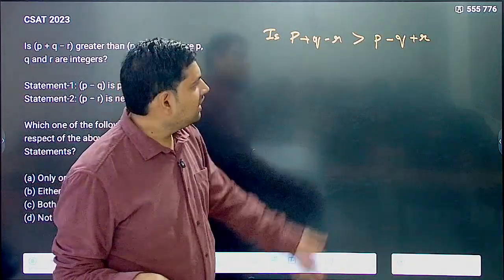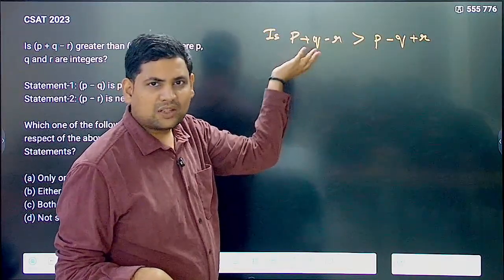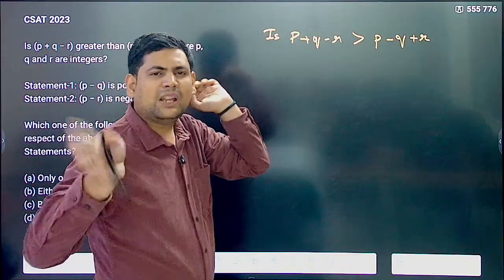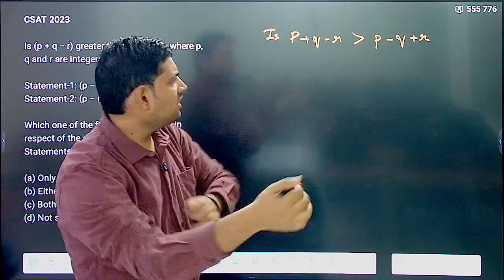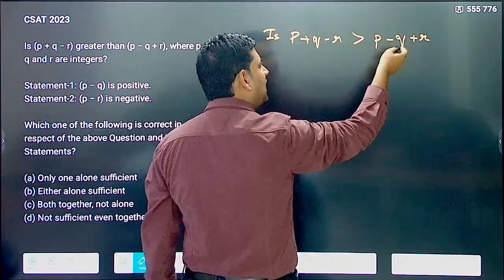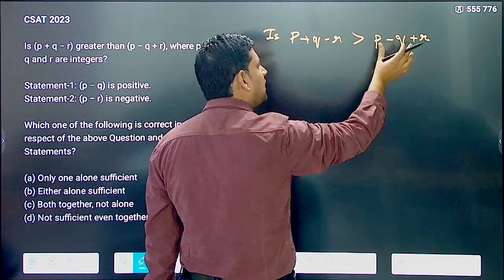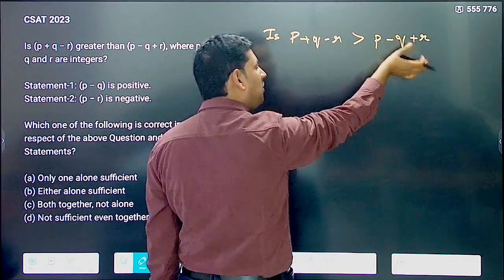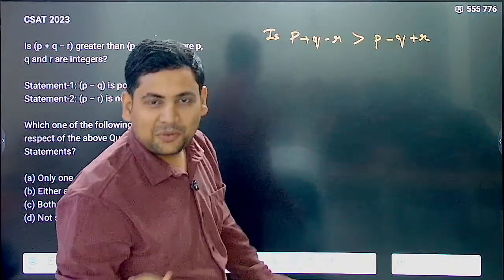How do you solve this? As you understood, you can add or subtract anything, it does not matter. The only exception was multiplying by something negative, that we are not doing. So now I can just add q on both sides, then this q will get cancelled out, or I can just simply do it as I do with an equal sign.